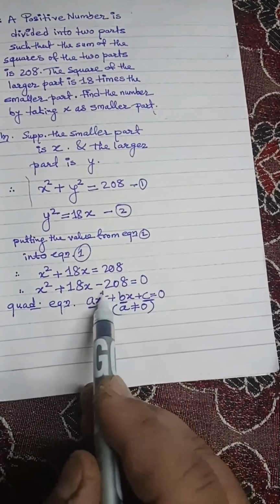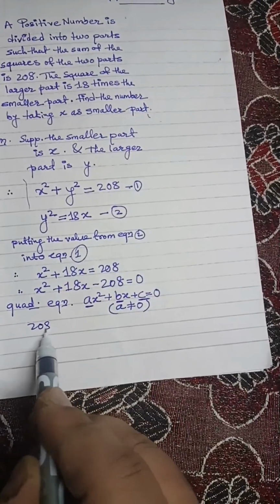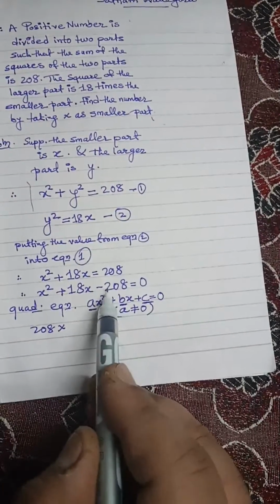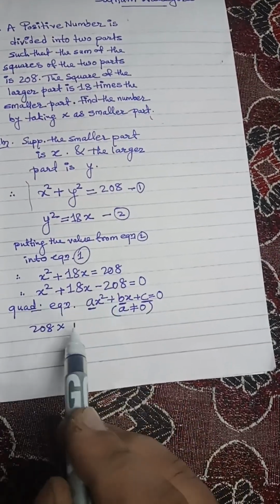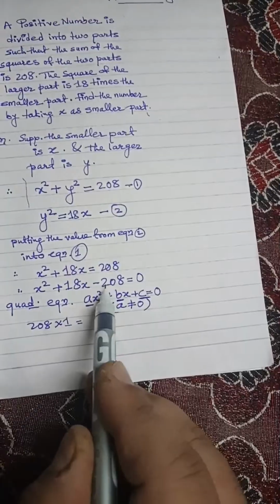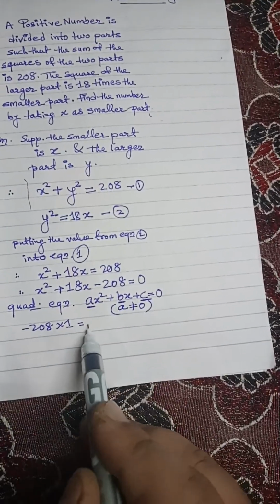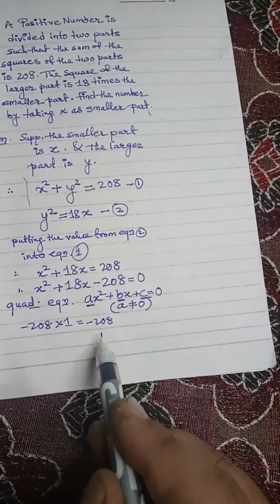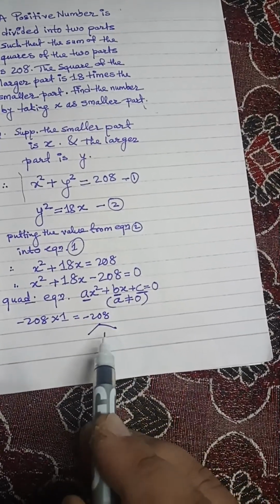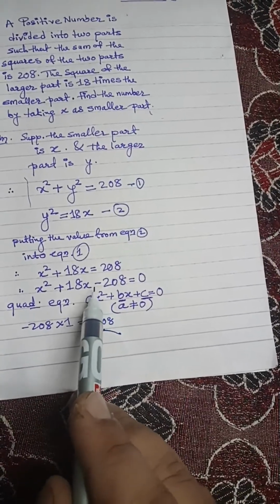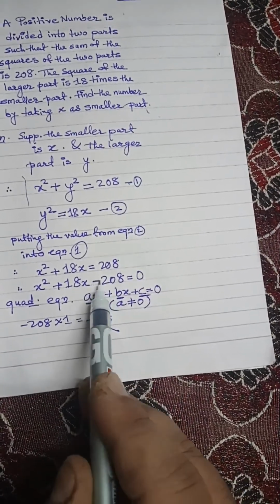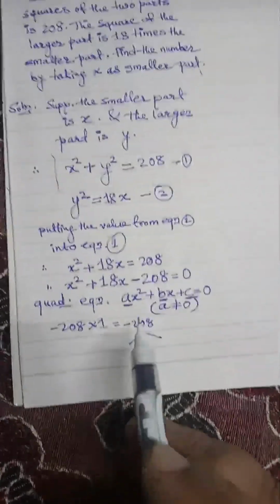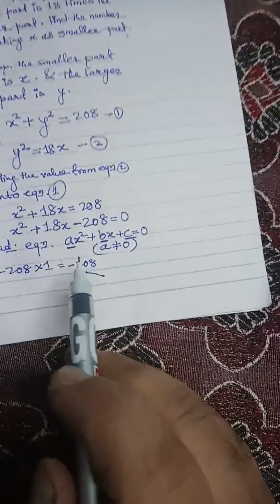Now a into c: a is 1 and c is minus 208, so the product is minus 208.